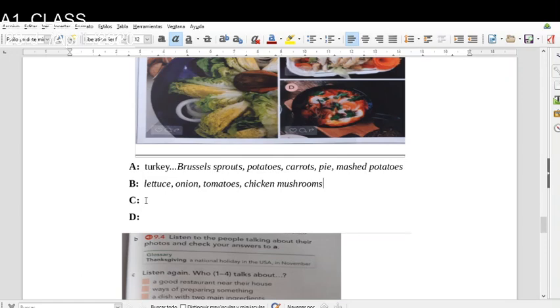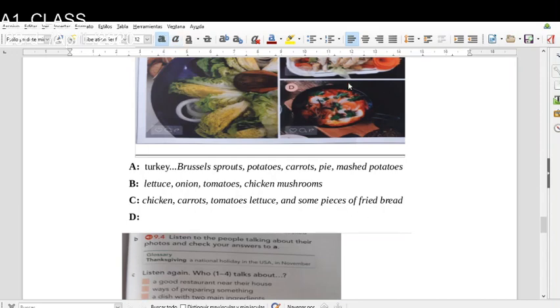Then we're going to write down chicken, carrots, tomatoes, lettuce, and some pieces of fried bread. Es also fried bread or croutons, que sería el pan frito, ¿no? Sería picatostes, ¿no?